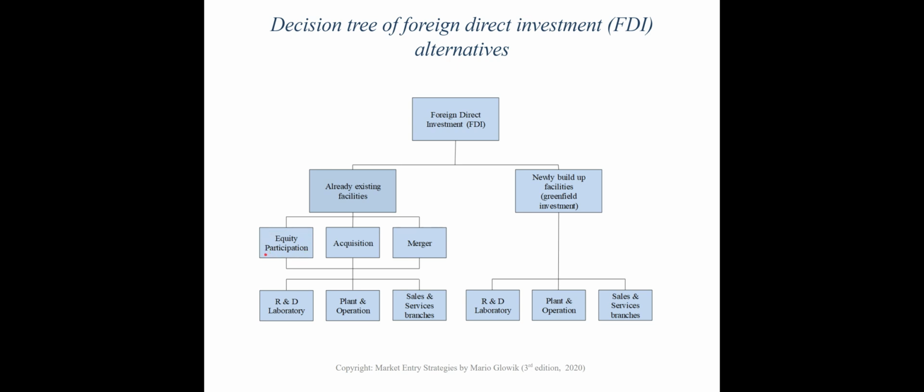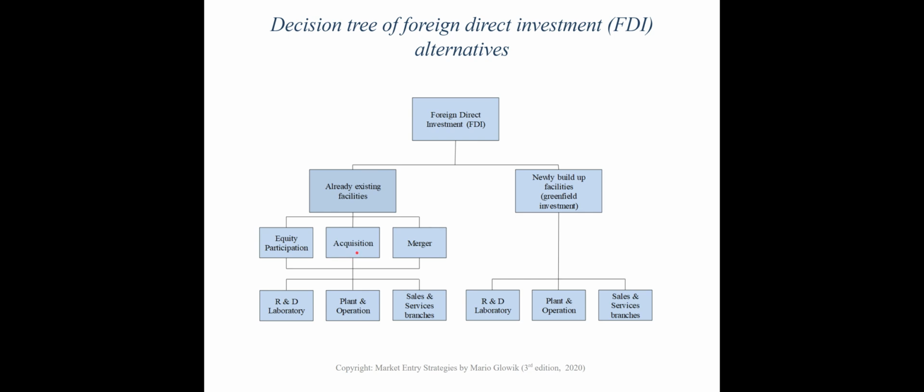And then the advantage is that as time goes by, we can monitor and evaluate the performance of our foreign business operations. And then we may consider to increase our share or to reduce our share, which is not the case for acquisitions.